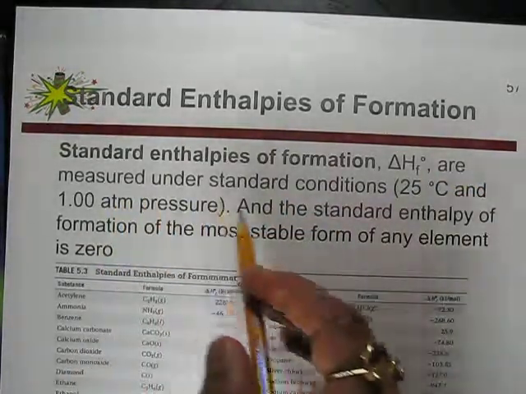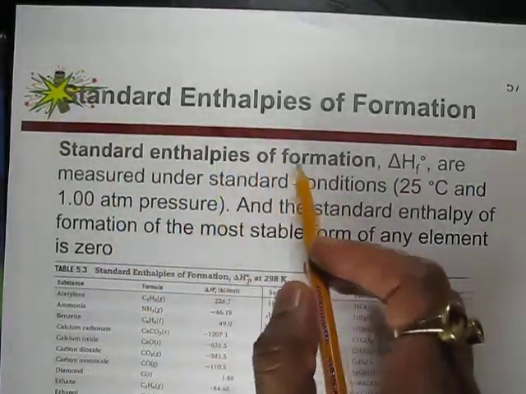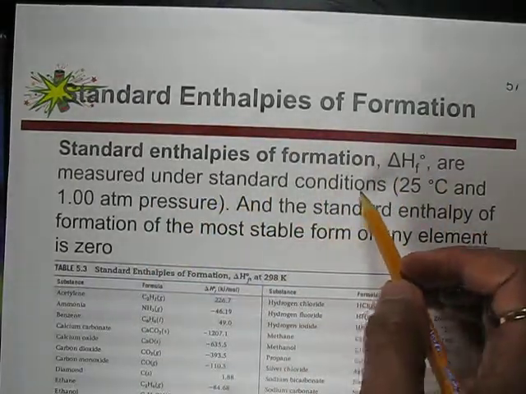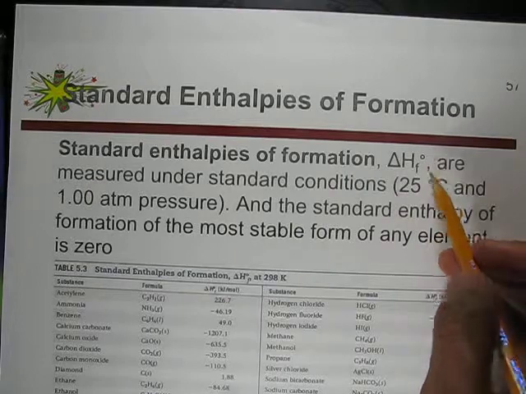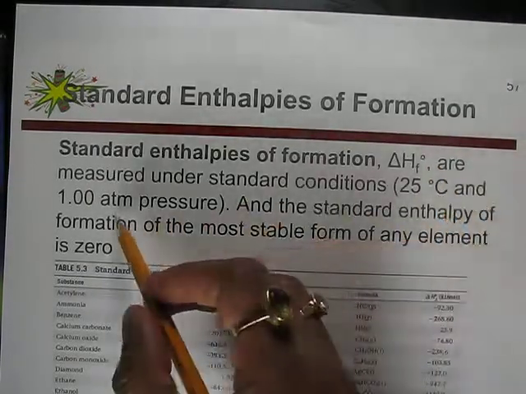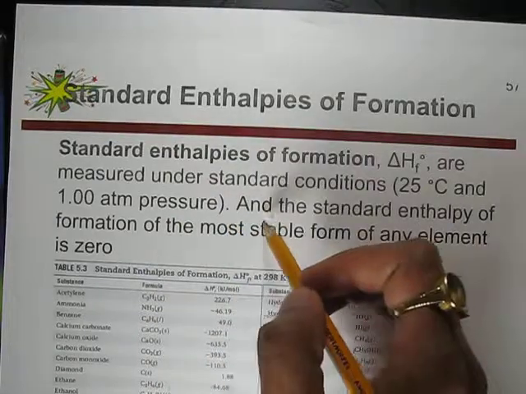Standard enthalpies of formation are measured under standard conditions. This sign represents that it is measured at 25 degrees Celsius and 1 atmospheric pressure.